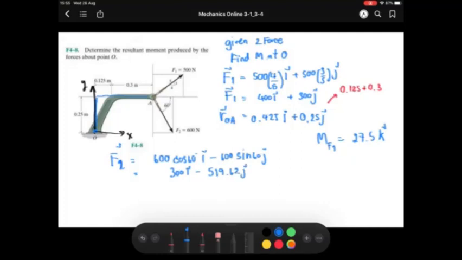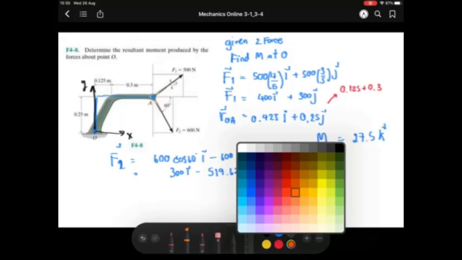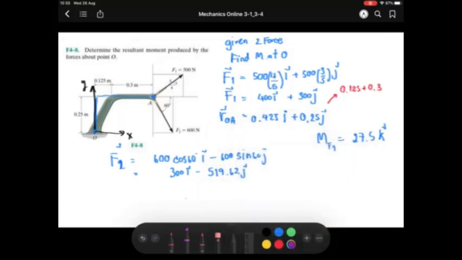It is acting on the same point A, so you can still use r_OA as the distance between the considered point O and the point of force A. But for this one, I will show you how to use it in terms of matrix.